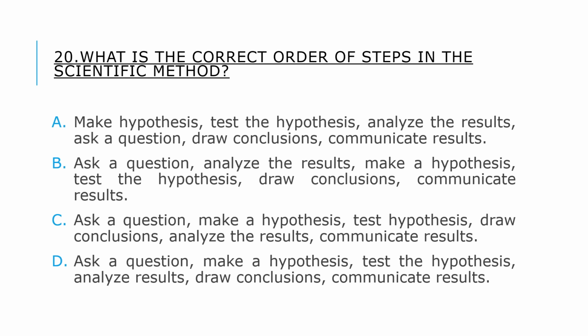And letter C. Ask a question, make a hypothesis, test hypothesis, draw conclusion, analyze the results, communicate results. Letter D. Ask a question, make a hypothesis, test the hypothesis, analyze result, draw conclusions, and communicate the result.